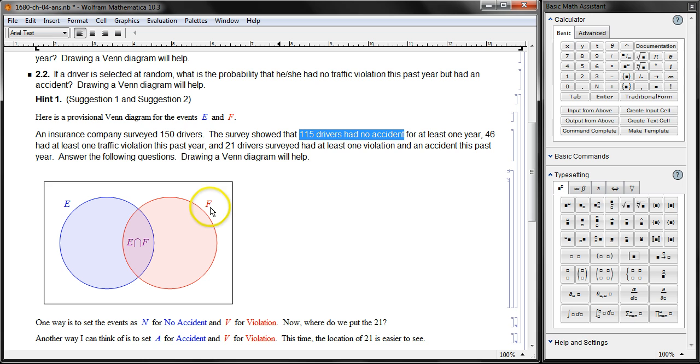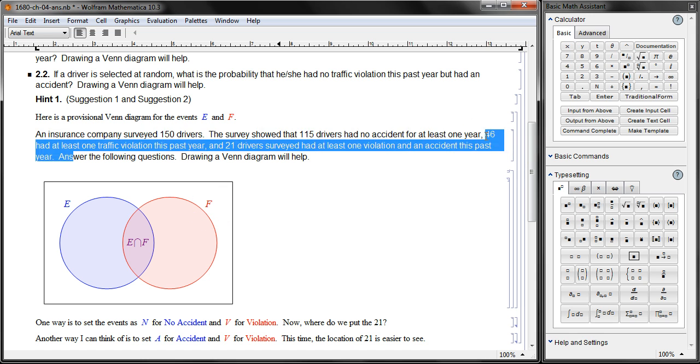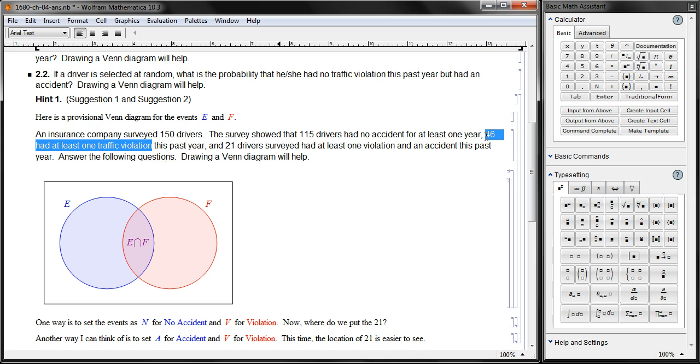This V will correspond to 46 drivers with at least one traffic violation. The question is, where do we put 21? At least one violation and an accident. Where do we put 21? That's the question here.